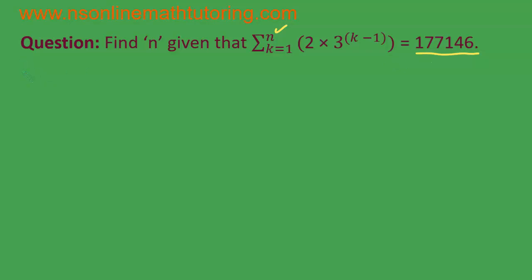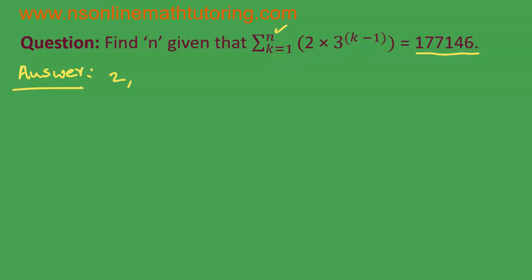So let's start with our answer. For that, we have to get the first few terms. We start with k equal to 1. When k is equal to 1, 1 minus 1 is 0, 3 to the power of 0 is 1, 2 times 1 is 2. So the first term is 2.